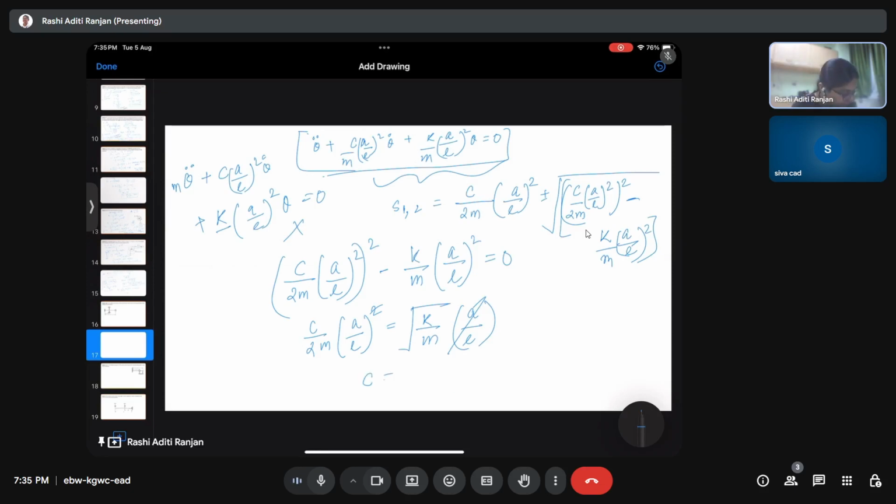We get c is equal to twice of m L by a under root of k by m, which turns out to be twice of L by a under root m into k. Okay, this is what we are getting. However, if we were using the m effective and k effective, we were not getting the same, right? Over here.